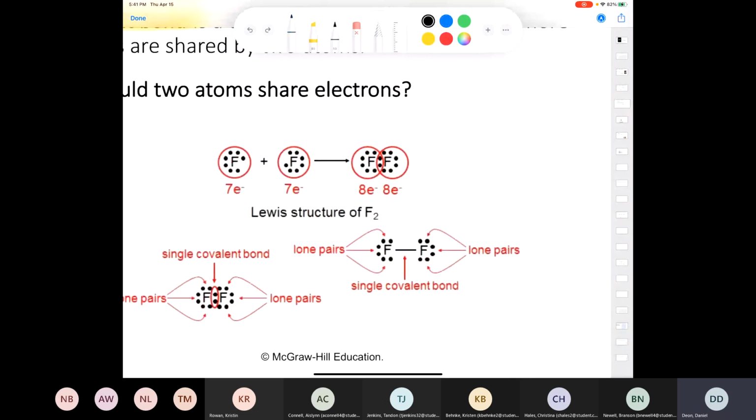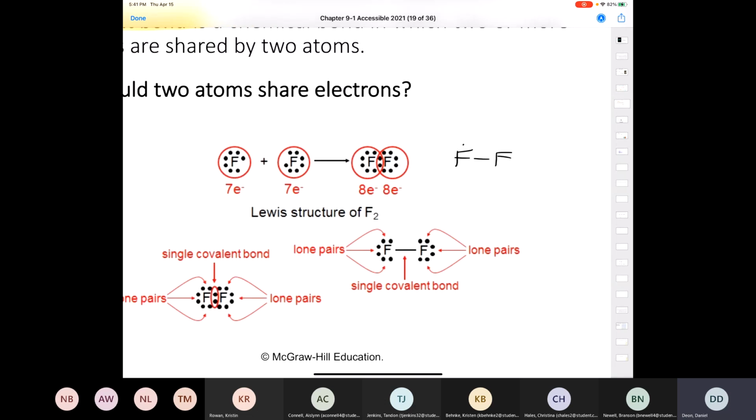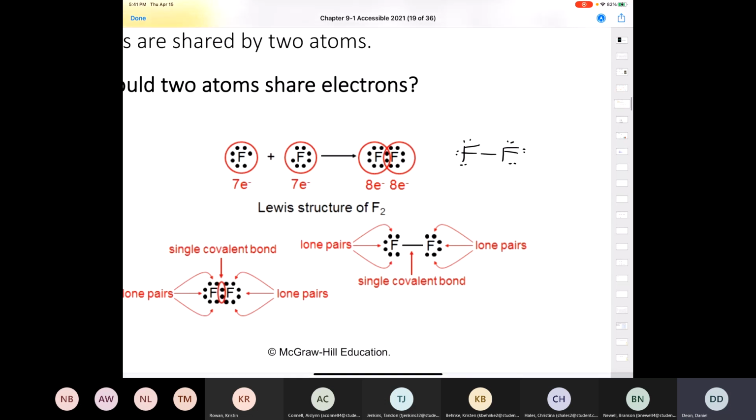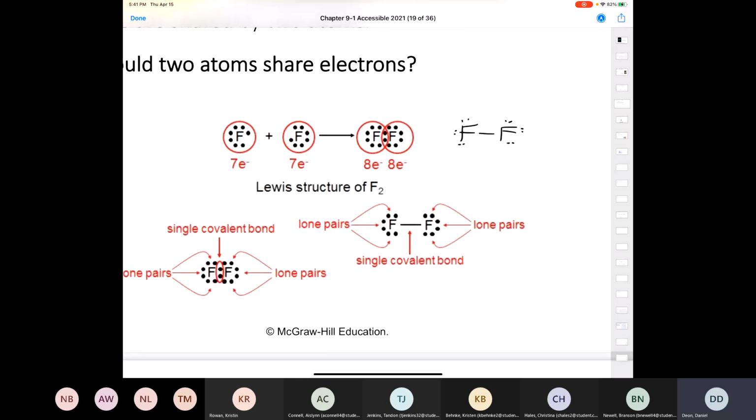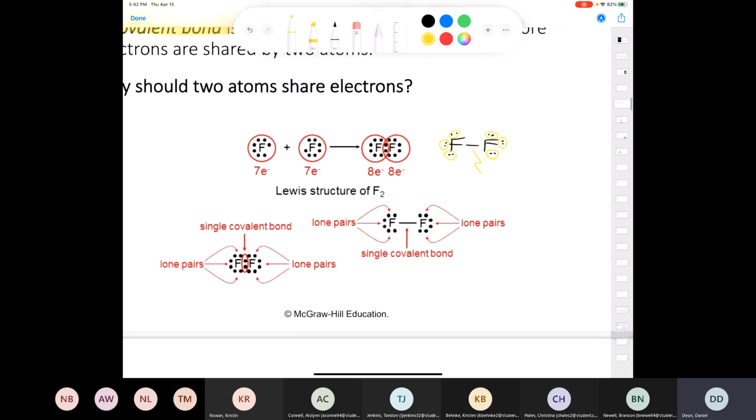I'll just draw it out for you. We would draw the fluorines connected by a bond like this, and then any electron that's not participating in bonding, we would draw surrounding the fluorines. And we call those electrons lone pairs. So my lone pairs would be, here's my yellow pen, this is a lone pair, this is a lone pair, this is. So those are my lone pairs, and the 2 shared electrons are in my single covalent bond.